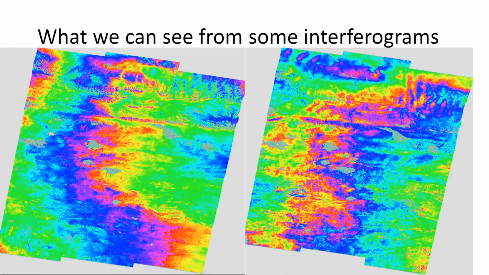Some areas have decorrelation because it's a lake area. Do they share a common master? No, different. I think the form is still creating.